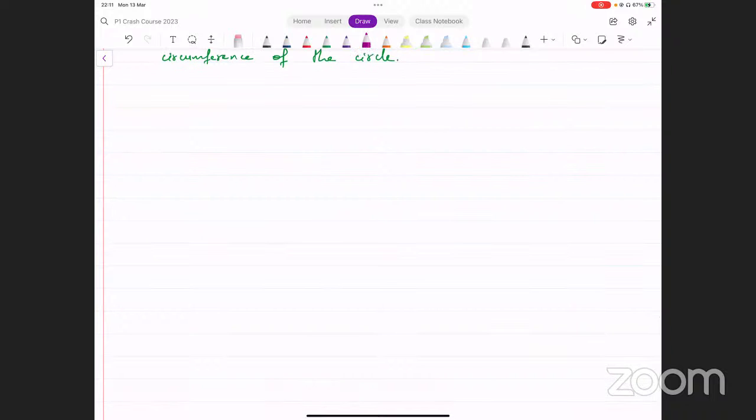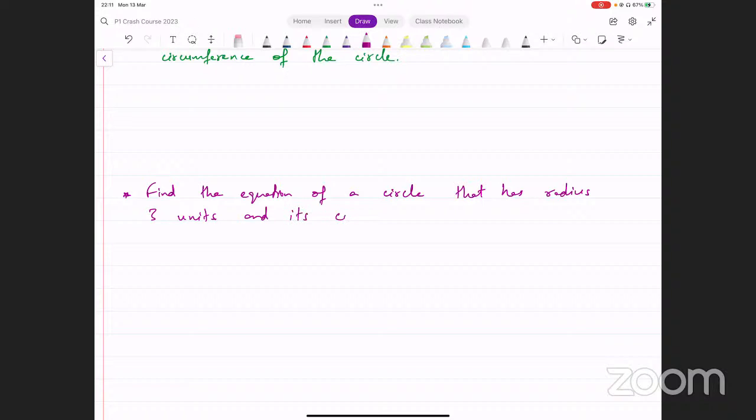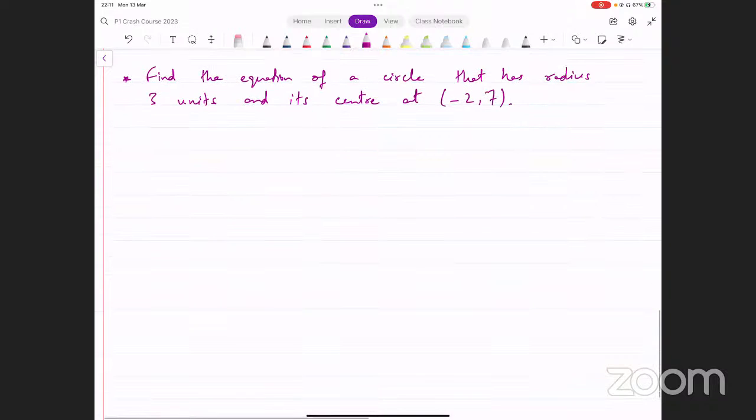We want to find the equation of a circle that has radius 3 units and its center at, let's say, -2 and 7. So we need to write down the equation of the circle.